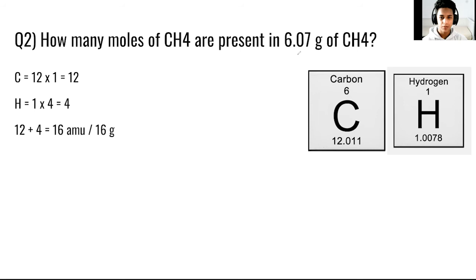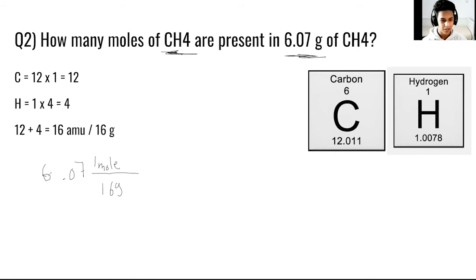So we will write the number that is given, 6.07, times 1 mole over 16 grams, because 1 mole is equal to 16 grams for CH4.